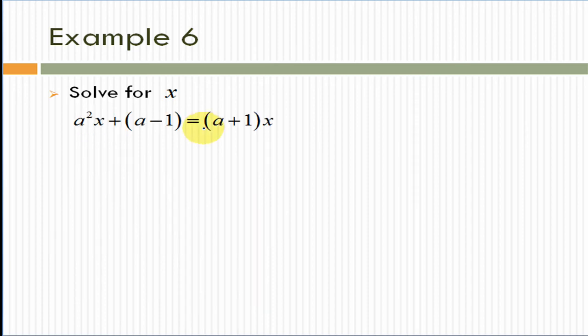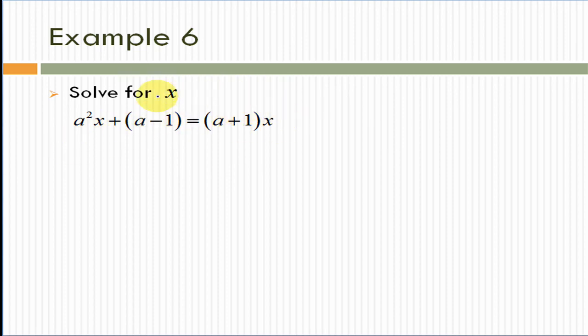Okay, the last one from example 6. Solve for x. Starting with this equation, we would like to solve for x. As usual, first collect all terms containing x and move away the term that has no x.